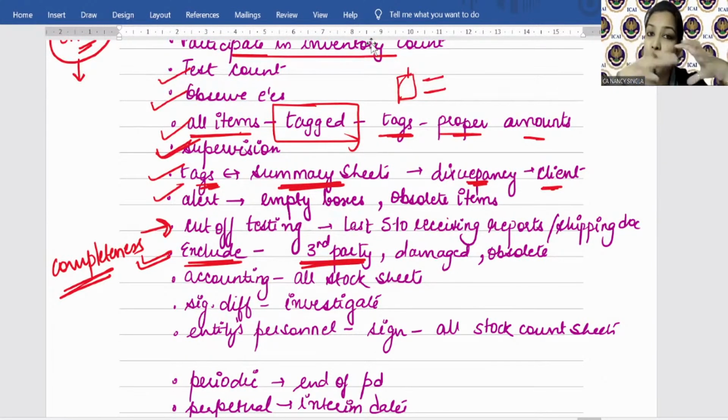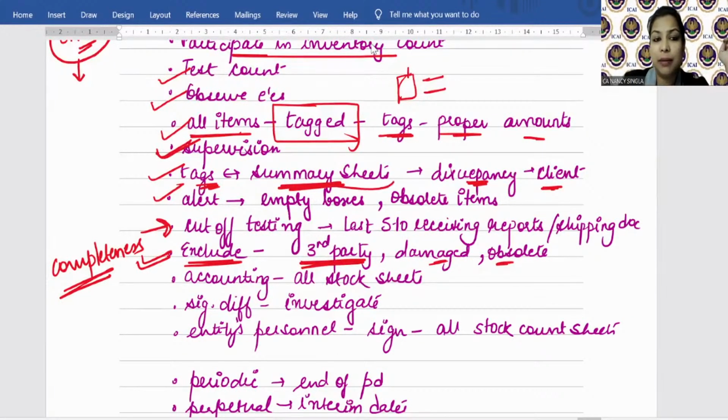Those products belong to B Limited, so that shall not be included in the total inventory of my client, A Limited. Clear? Same way, if inventory of A Limited is lying with a third party, let's say A Limited has given its stock for some job work to B Limited, then though that is lying with the other party, that shall be included in the inventory of A Limited. Clear? It is very logical, okay? Damaged and obsolete goods shall be excluded.